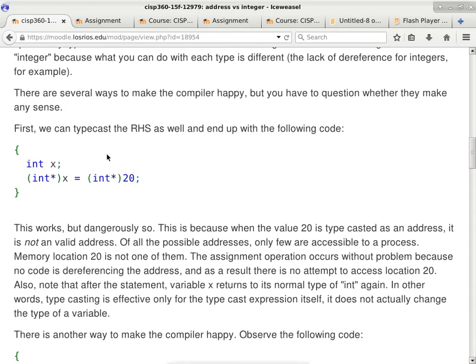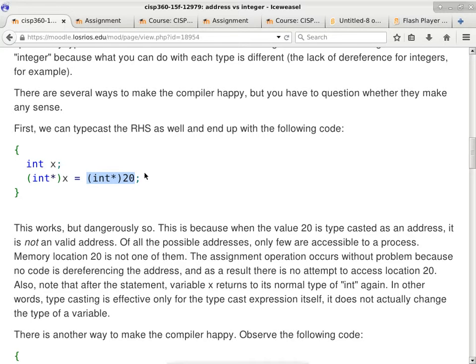An address of an integer must match an address of an integer. So in this case, I fixed the program by introducing another typecast operator on the right-hand side. So this will compile, okay, but it's not a very good idea. It's not a good idea because I am basically telling the compiler, oh, 20 is no longer an integer.